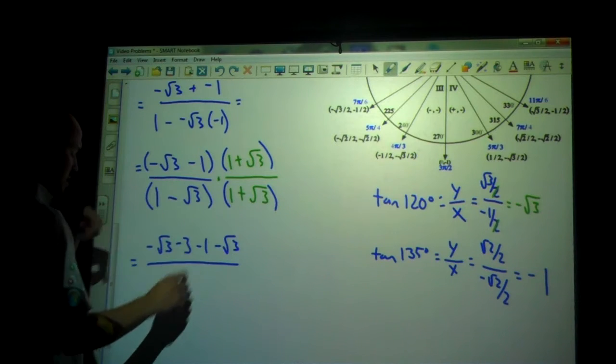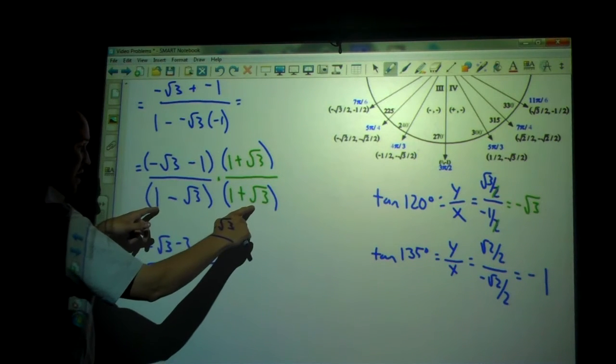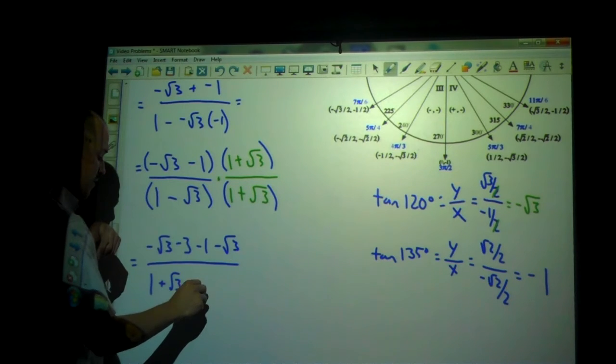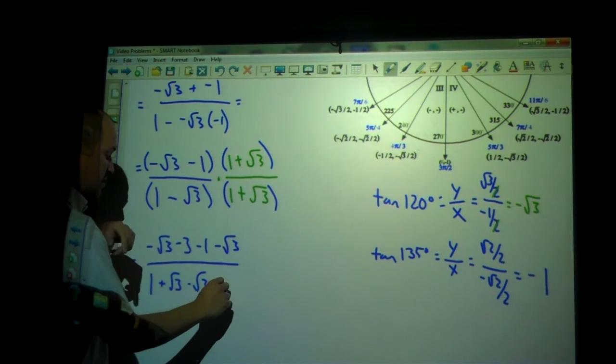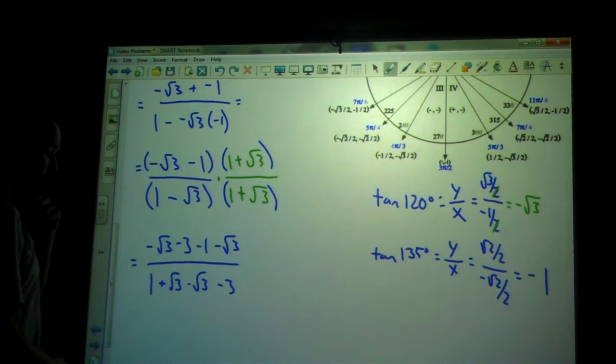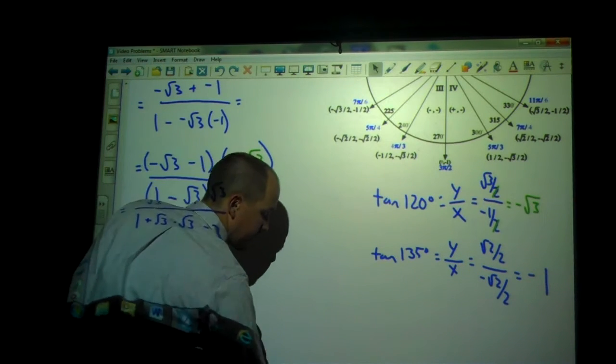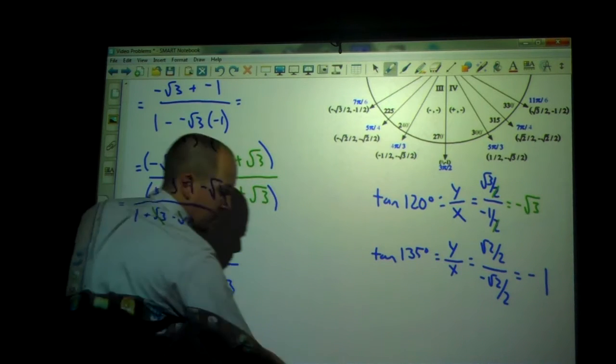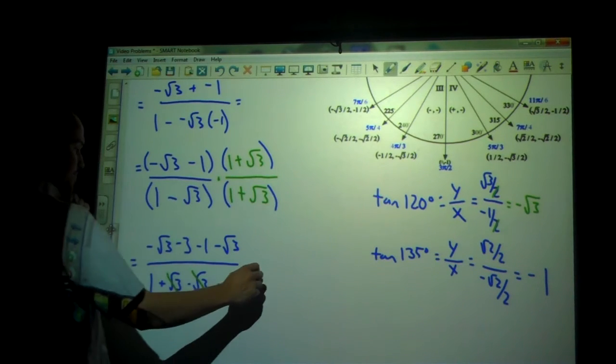On the bottom, the first is 1. The outside is positive root 3. The inside is negative root 3. And the last is negative 3. Alright? What's nice about that is we got rid of the square roots on the bottom of the fraction. That's why we did it.